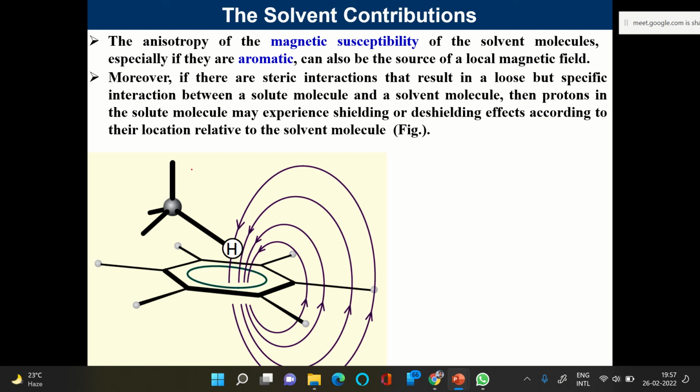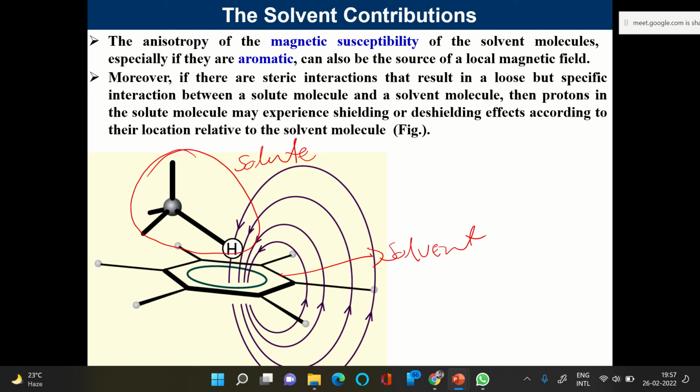So this is your solute, and this benzene ring is the solvent. So in this particular case also, you can think that depending on the placement of the solute molecule, you can have different types of interaction.